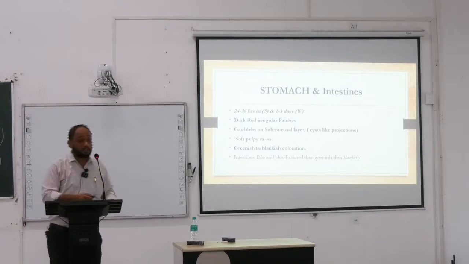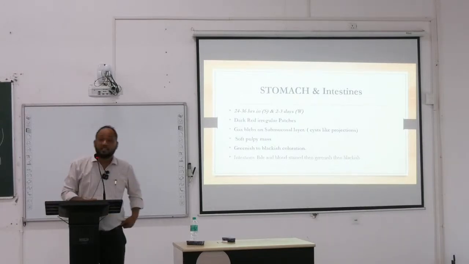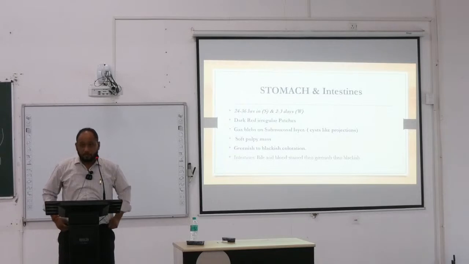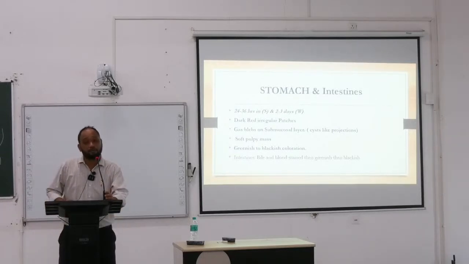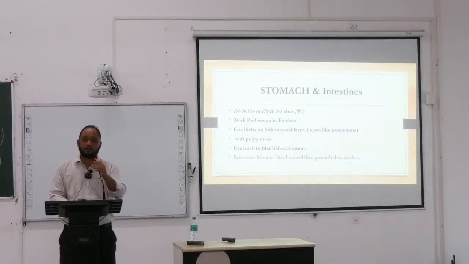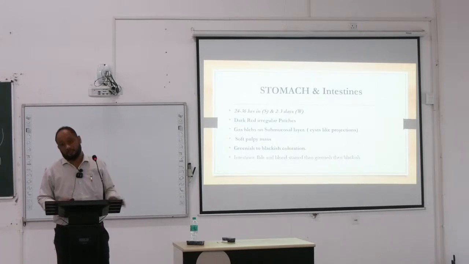So it is very important to differentiate dark red irregular patches from multiple small petechial spots, because they do not look the same, but differentiating can be a problem. Looking slowly you can tell, but at first look they all seem the same. So what will be the change? Gas will be the change.